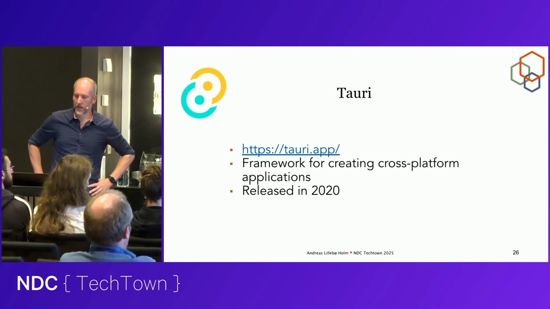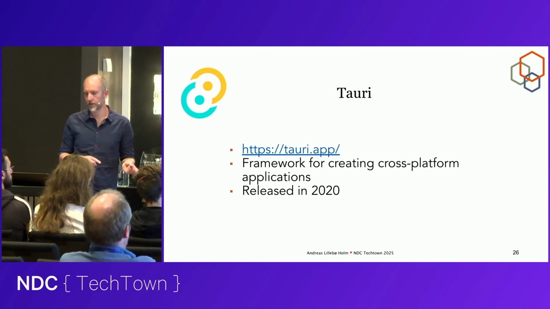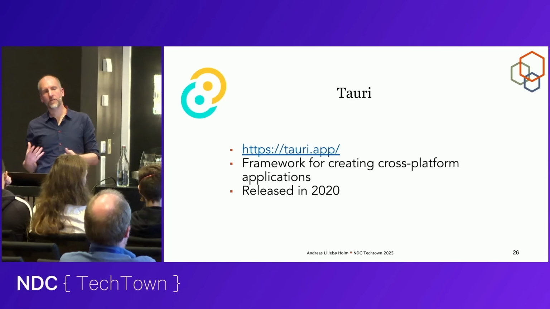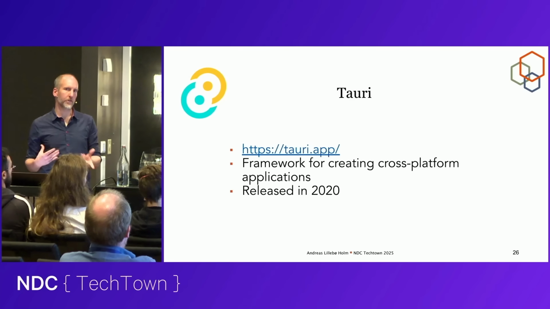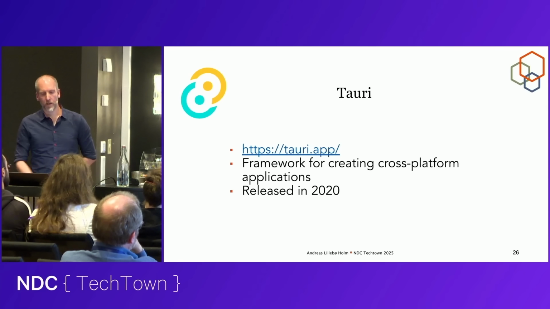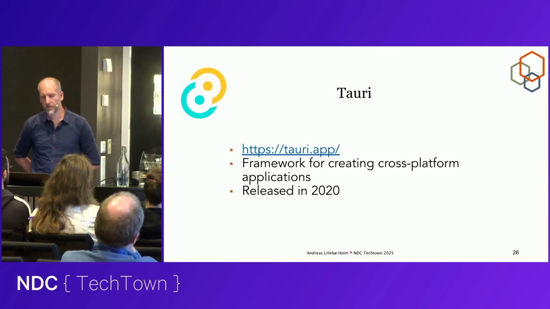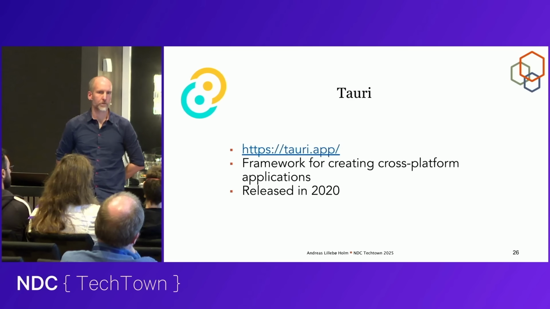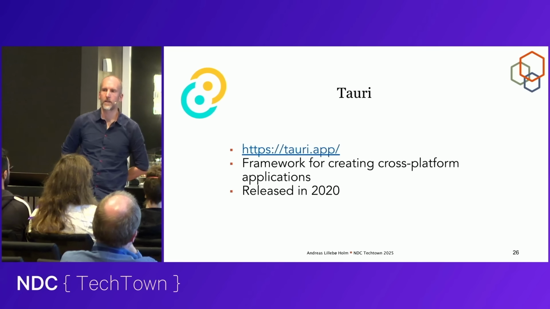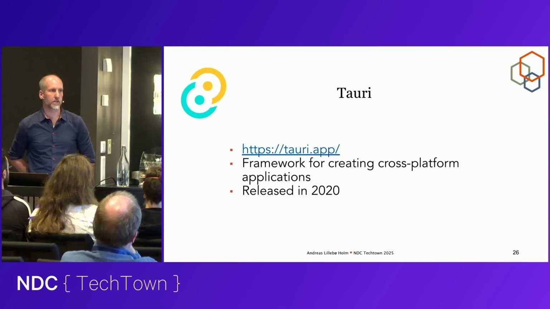Tauri is a framework for creating cross-platform applications. It's pretty similar to Electron, but does it in a somewhat different way, basically. You can access all the information on that website, tauri.app. It's in version 2.25 now, and it's been around since 2020.